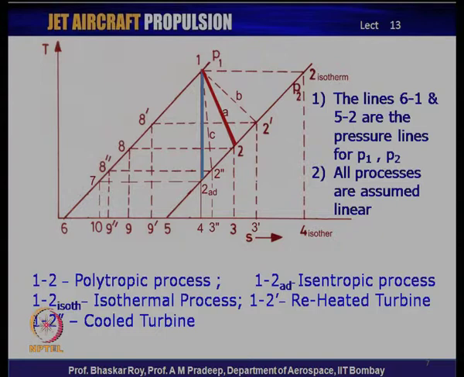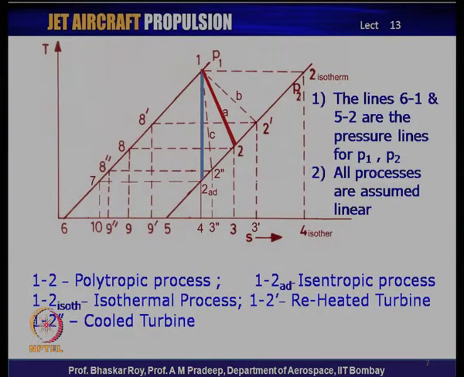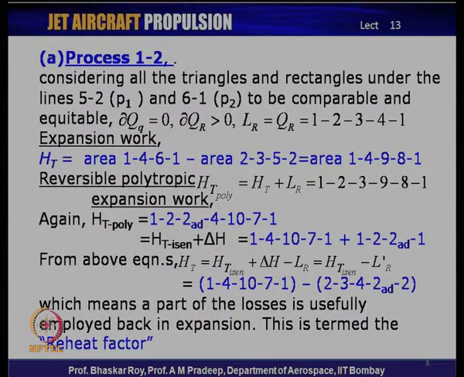So, that is a triangle which is the first area minus the area 2, 3, 5, 2, and that is 2, 3. 2 is the end of the process. So, all the way down 3 and then 5, 2, another triangle. So, this triangle minus this triangle is the expansion work that is being hoped to be extracted, and hence this would be 14981.